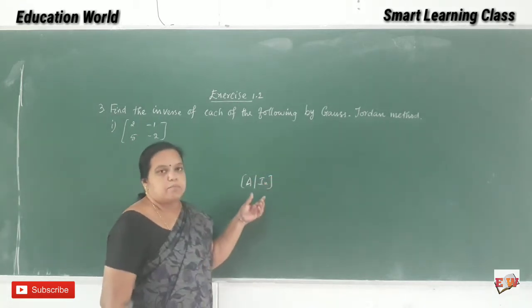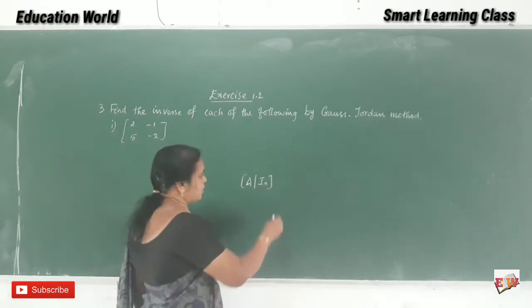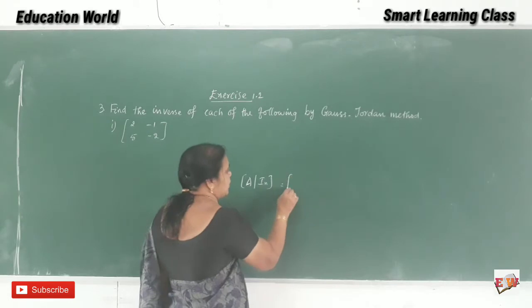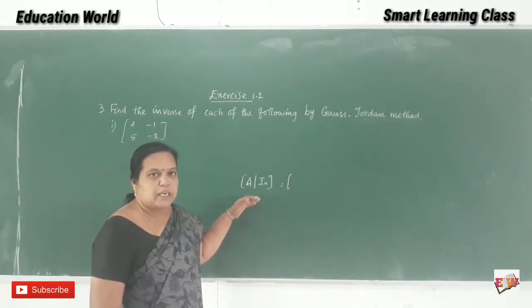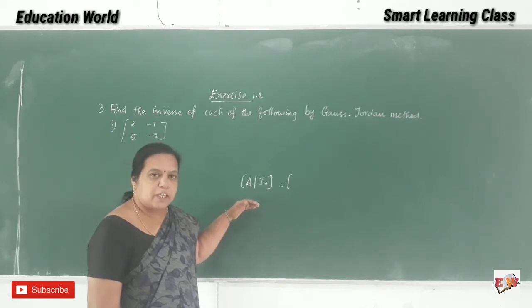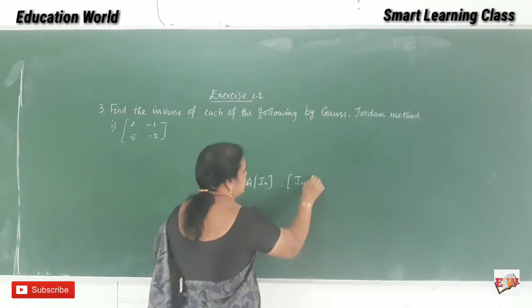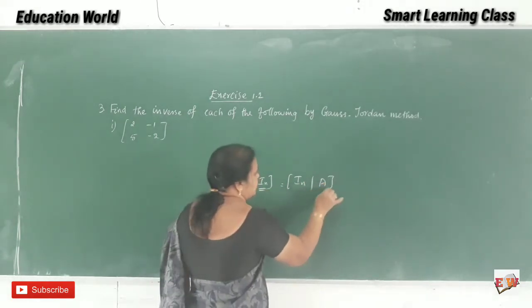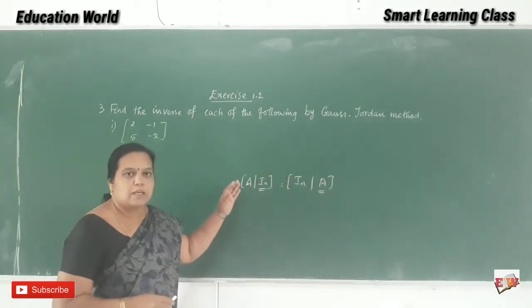Here I am multiplying the identity element with A. When we do elementary row operations with A, this A changes into the identity matrix, and this identity matrix changes into A inverse. This is known as the inverse of A.